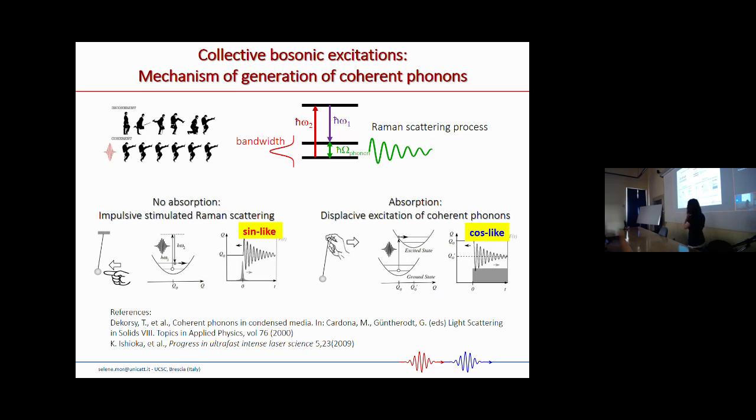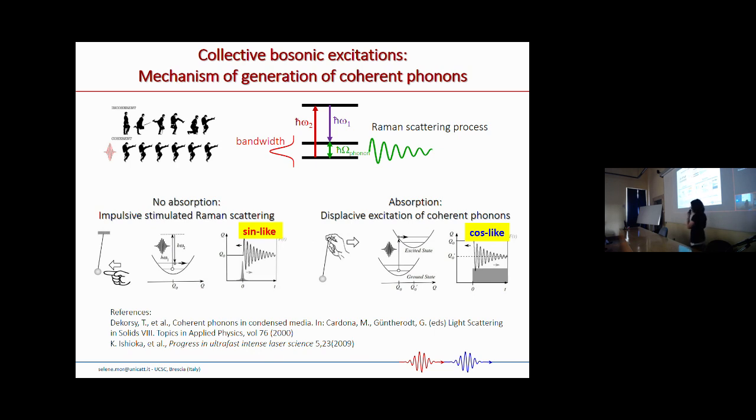If you're not in an absorption scheme, you basically address some virtual state with your pulse, and then it's really an effective Raman process where your excited electron ends up in an excited state of your ground state potential, and this results in a polarization oscillation which exhibits a sine-like behavior. So you're really kicking your mass, but you fix the fixed point of your pendulum, and you see the oscillation around the equilibrium ground state.